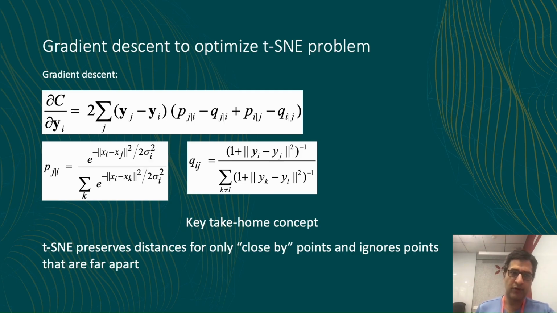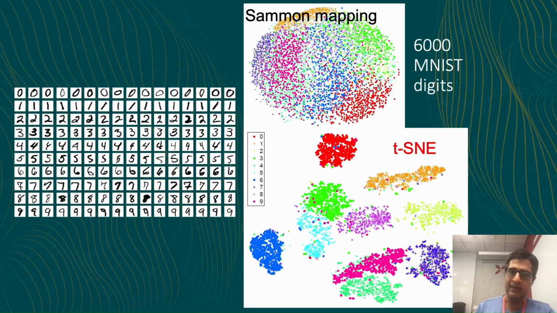It ignores points that are far apart, and that leads to the kind of visualizations that you would see on the right-hand side of the slide.